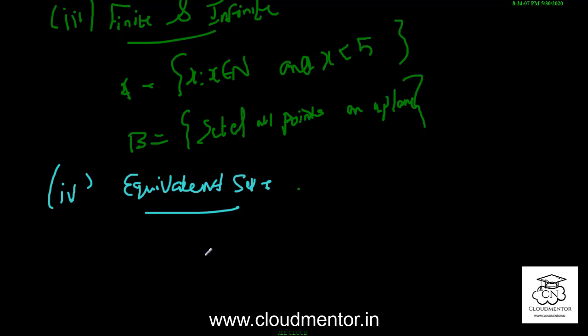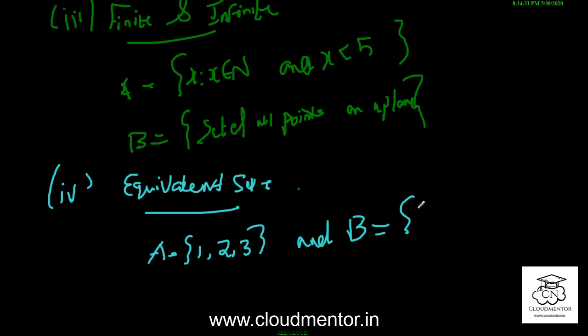For example, if A equal to {1, 2, 3} and B equal to {3, 7, 9}, the number of elements in A is 3 while the number of elements of B is also 3, so we can say that A and B are equivalent sets.